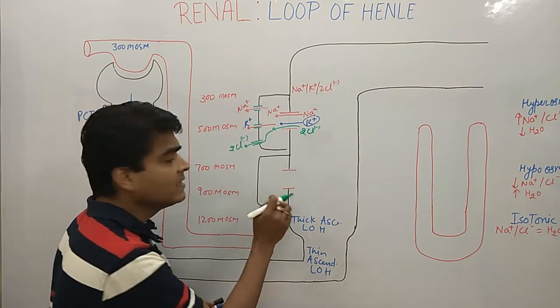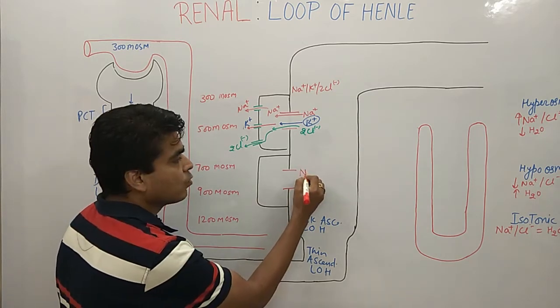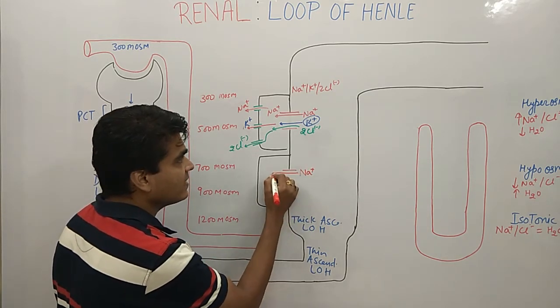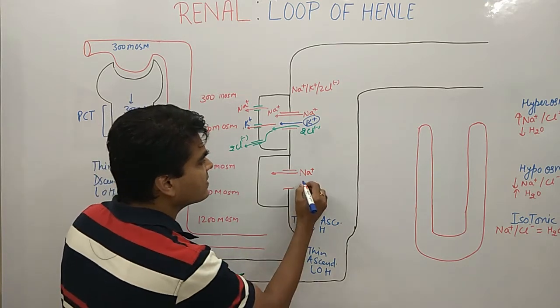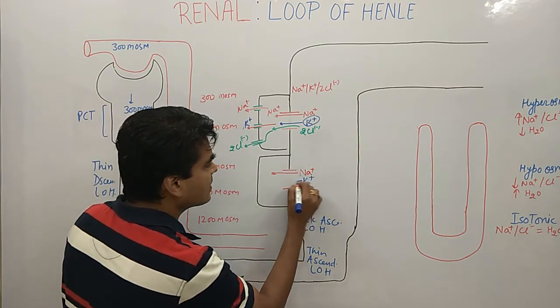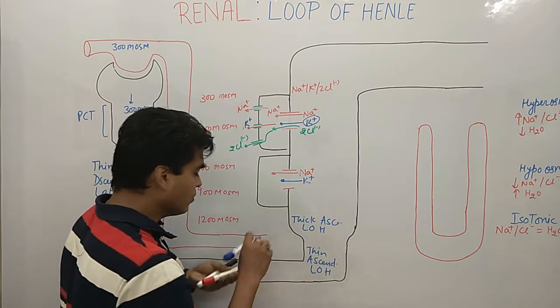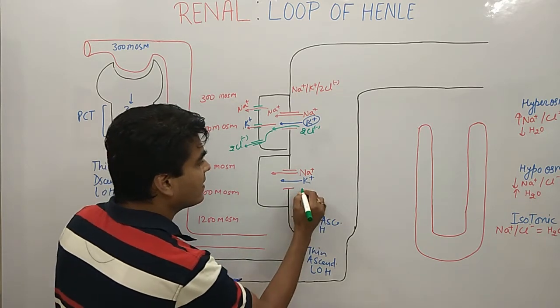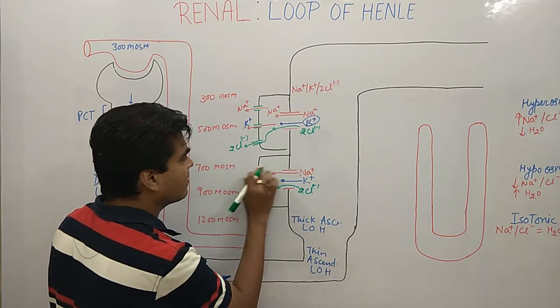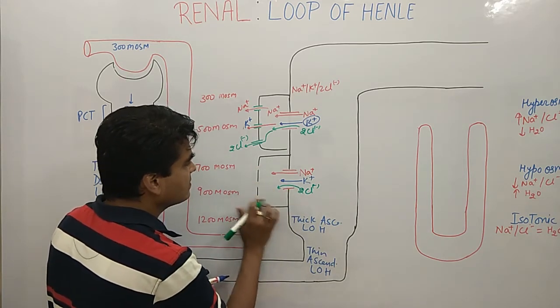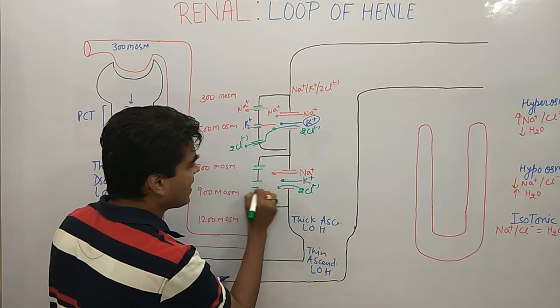Sodium moves this side, and then potassium moves this side through the sodium potassium 2 chloride transporter, and 2 chlorides move this side. Again we have 3 channels for each and every ion.